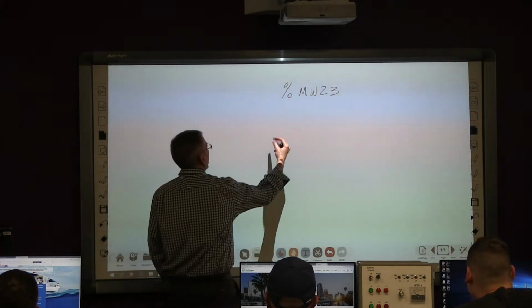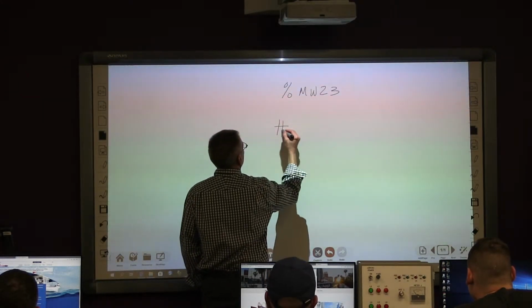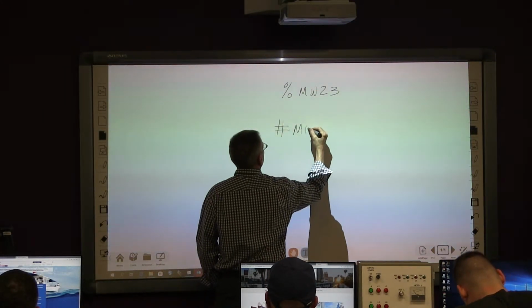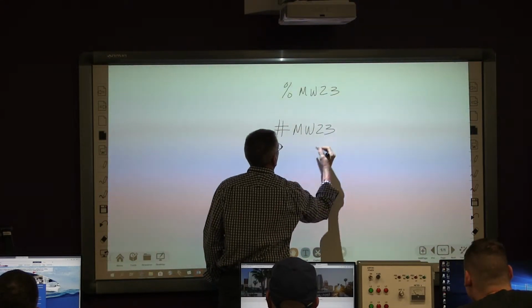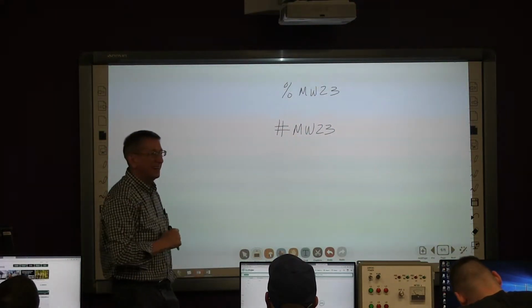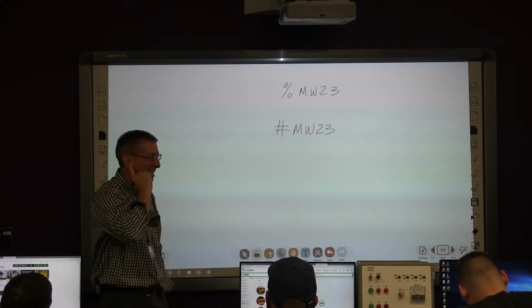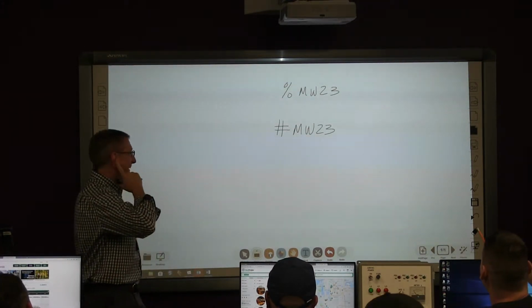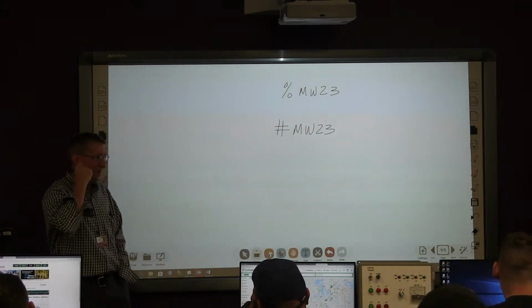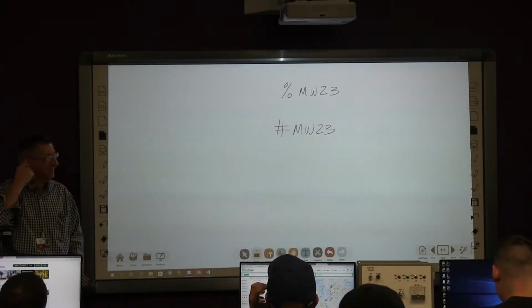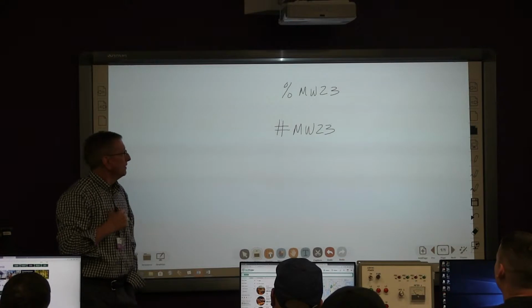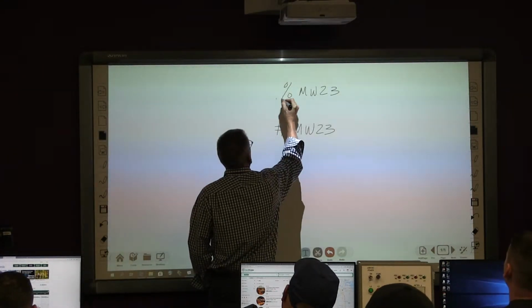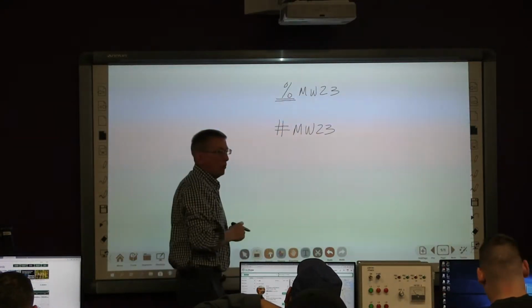You're also going to see another symbol, the hashtag or pound sign, depending on what generation you're from. Hashtag MW. But the percent sign means it's a global tag.